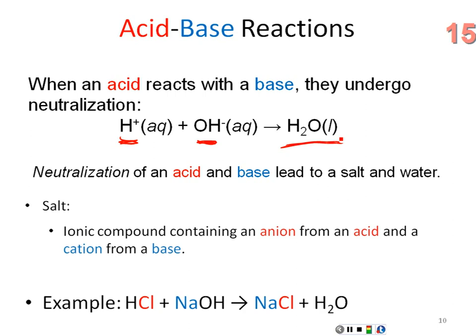With HCl, hydrochloric acid, and NaOH, sodium hydroxide, when they are mixed, they undergo neutralization, and you get a salt, which is sodium chloride, and water. You see that the positive ion in the salt comes from the base, and the negative ion in the salt comes from the acid.